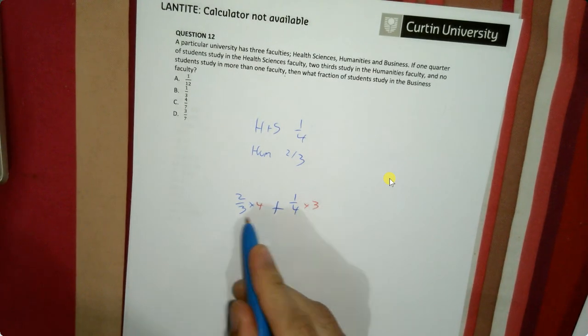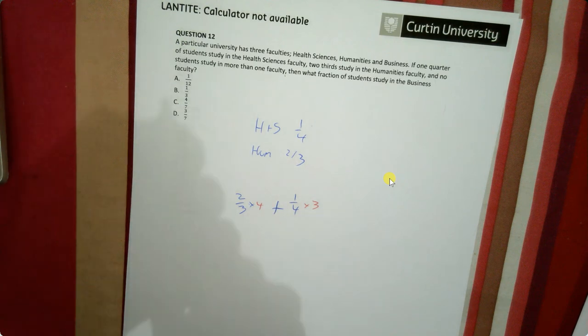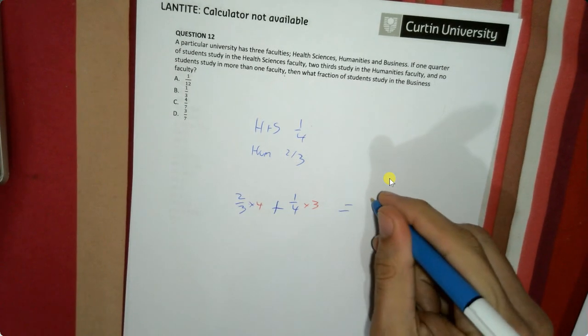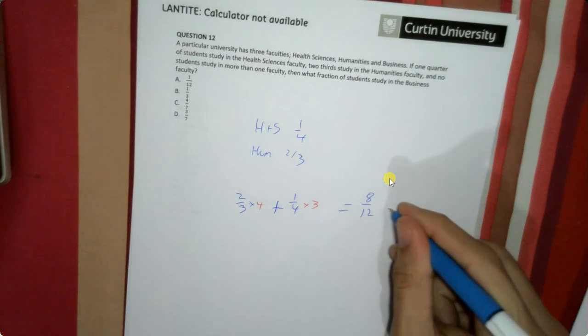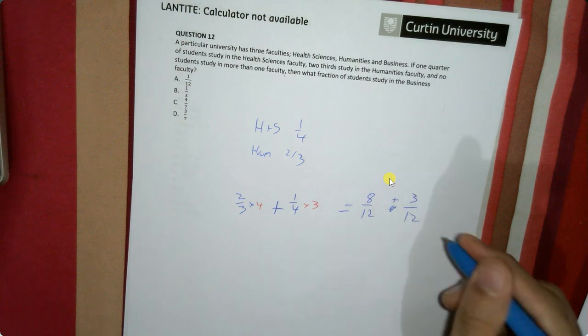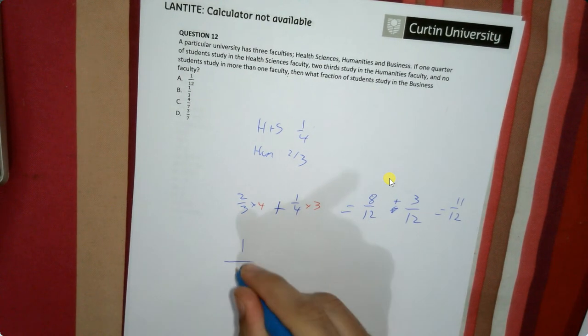So each fraction multiplies by the other's denominator. That will end up getting you 8/12 plus 3/12. And obviously that's 11/12. How much is left? There is 1/12.